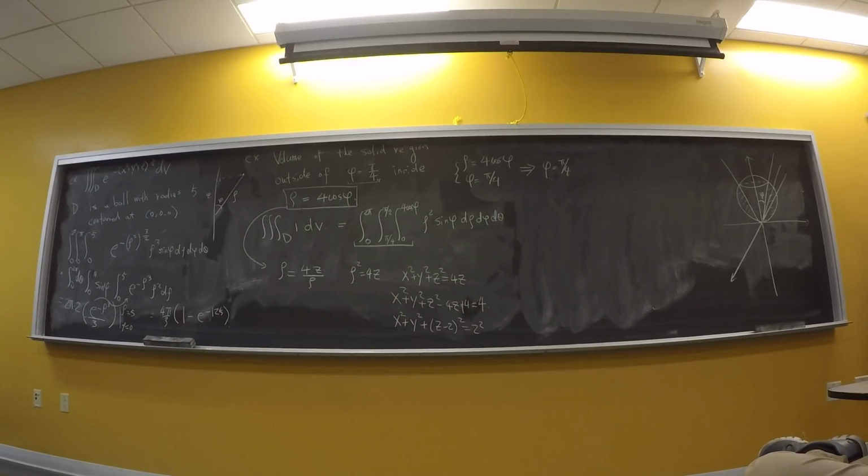And theta is the rotation around the axis. In this particular case, theta can rotate for 2 pi, phi can only go from pi divided by 4 to pi divided by 2, and rho can only go from 0 to a point on the sphere. So convince yourself what these three coordinates are trying to do here.